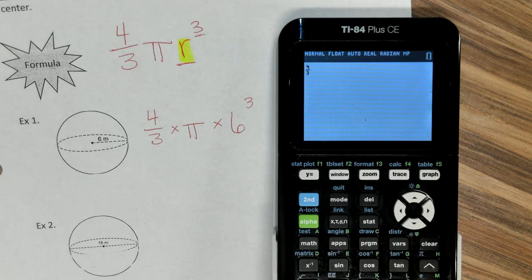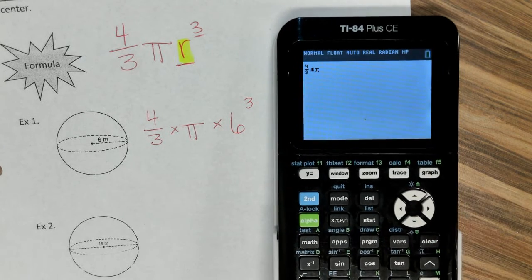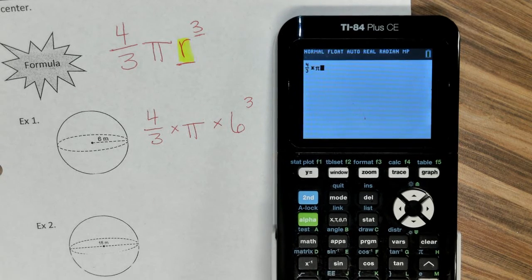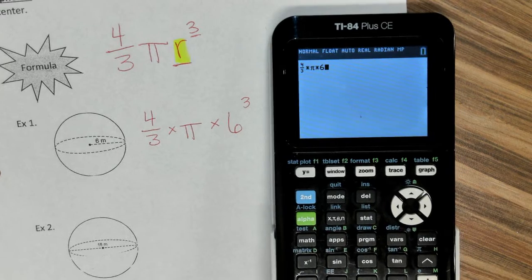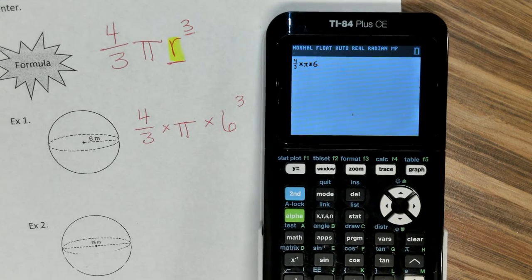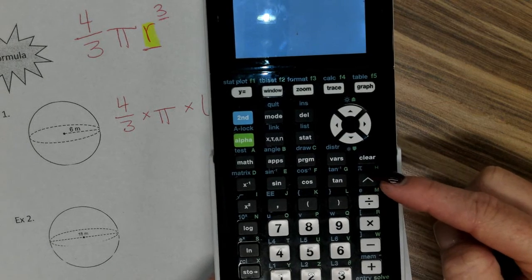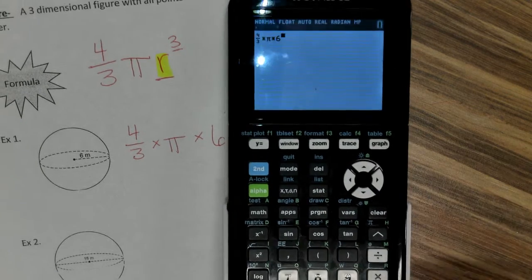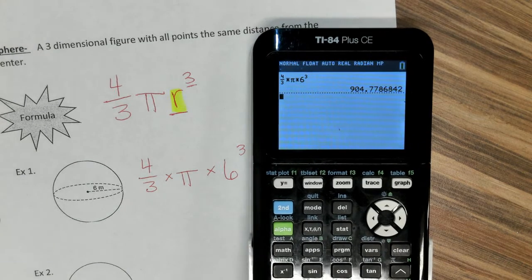Did you already put this in? Times pi. Does everybody remember where the pi button is? Times 6. And then do we all know how to get to the power of 3? We're going to hit this button right here to get up to the exponent and put in our 3 and hit enter, and that is your answer.